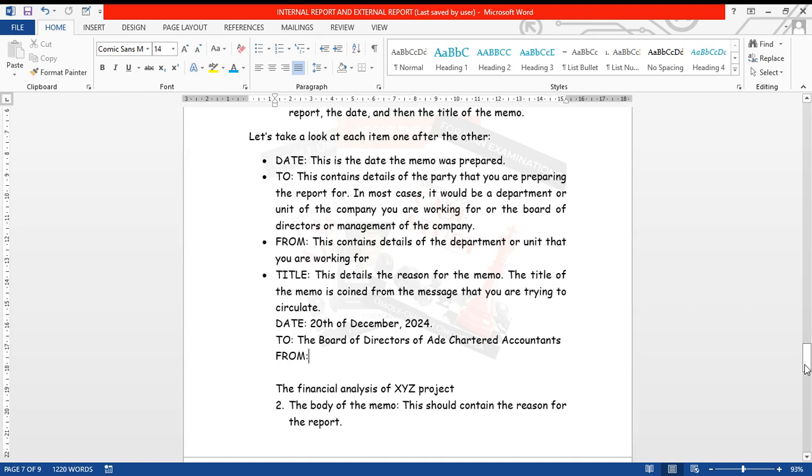So that's what they're dealing with. You're working in the department of project and management, and you're reporting to the board of directors of Ade Chartered Accountants about the assessment, the financial analysis you carried out on the project that they want to embark on.